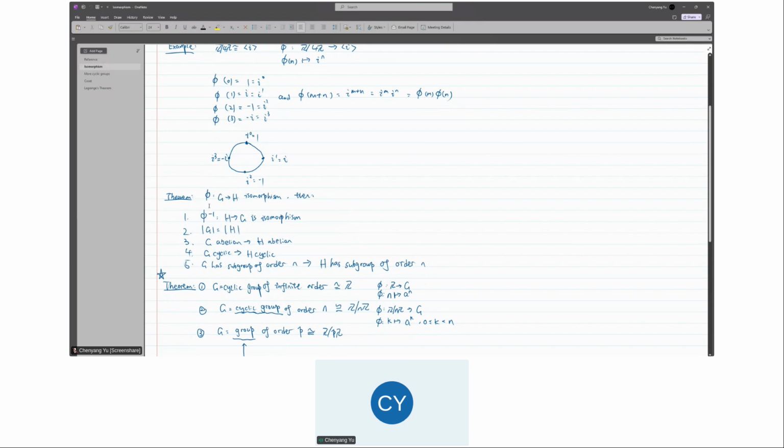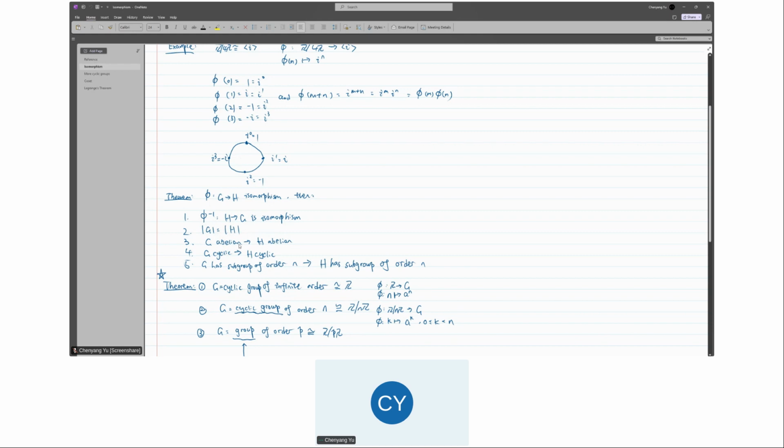So a theorem: let phi be an isomorphism, then the inverse mapping phi inverse is also an isomorphism. Because it is an isomorphism, the number of elements in G equals the number of elements in H, because there is a one-to-one correspondence between them. This is pretty easy to understand.